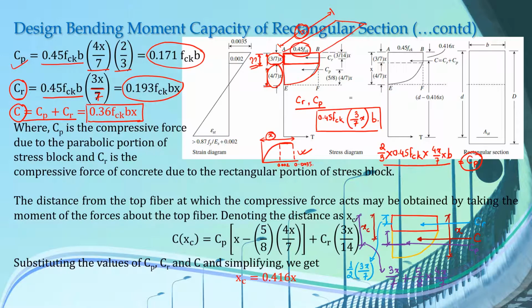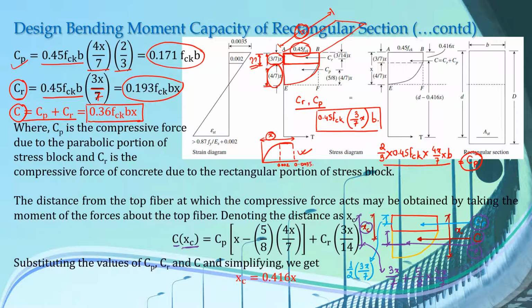Now we know the point of application of all these forces CR, CP and C from the topmost fiber. You can equate by taking the moments of all these forces to calculate the value of Xc. If C is the total compressive force, the moment of this compressive force is obtained by multiplying C with Xc.